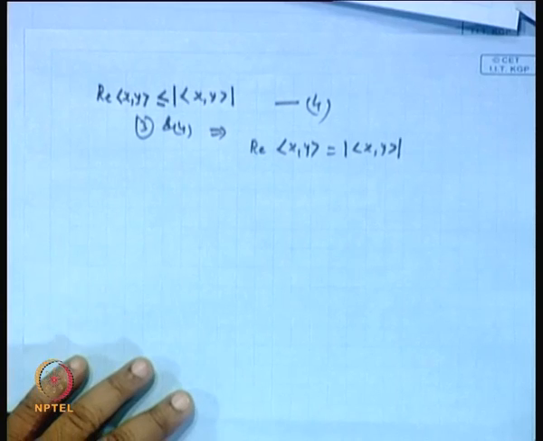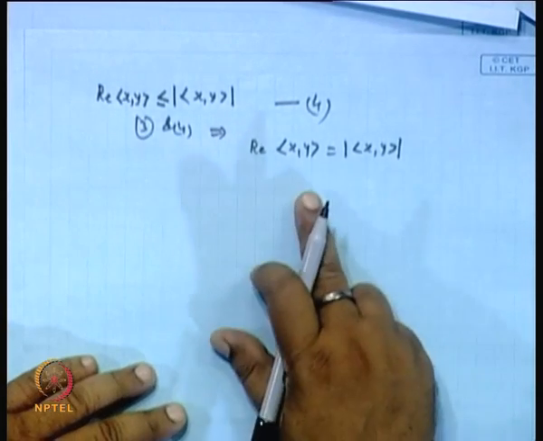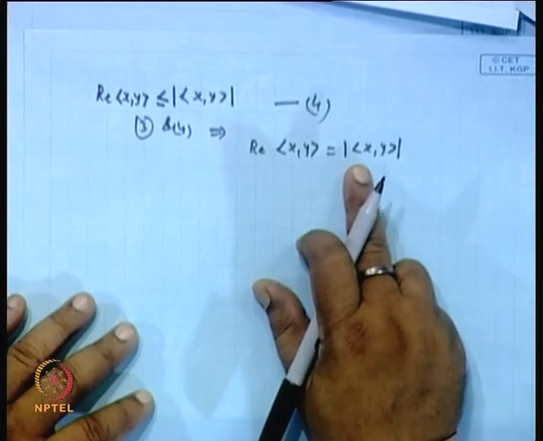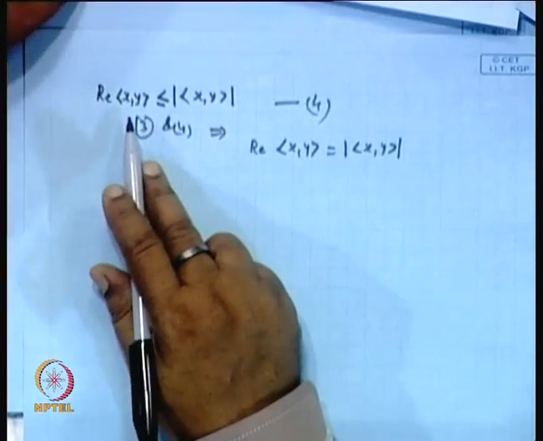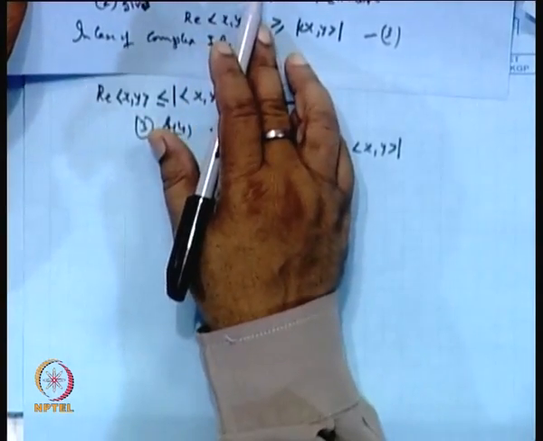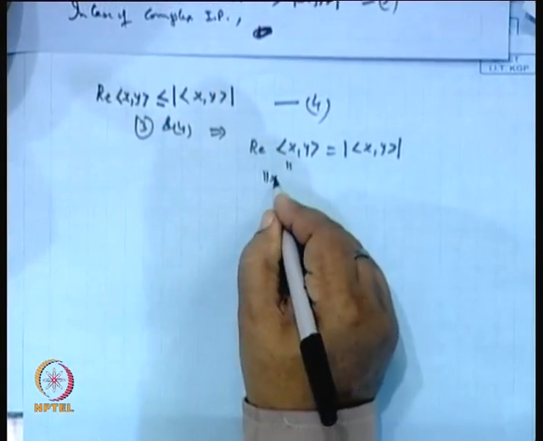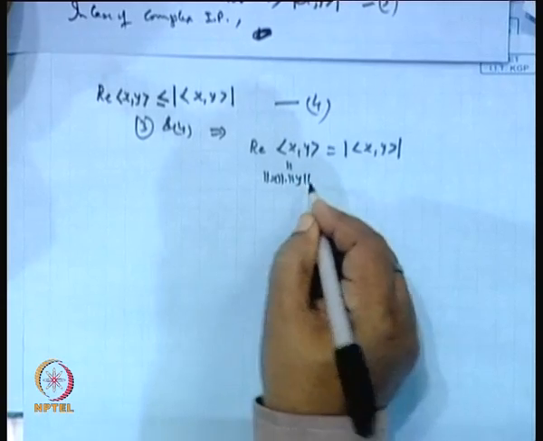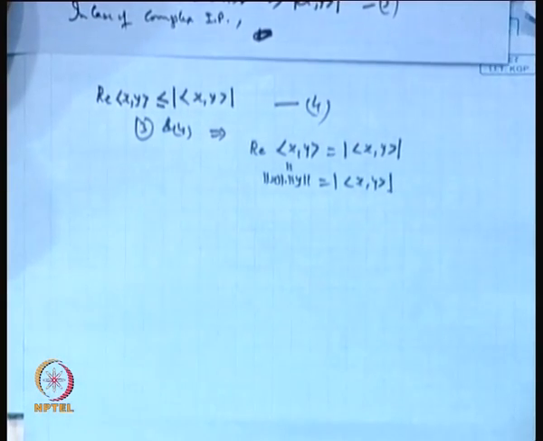Is it correct or not? Only the equality sign holds. And what is this? This is nothing but the norm of x into norm of y, is it not? Because the real part of this is nothing but norm x norm y. So, which is the same as norm x into norm y equal to the modulus of inner product x, y.